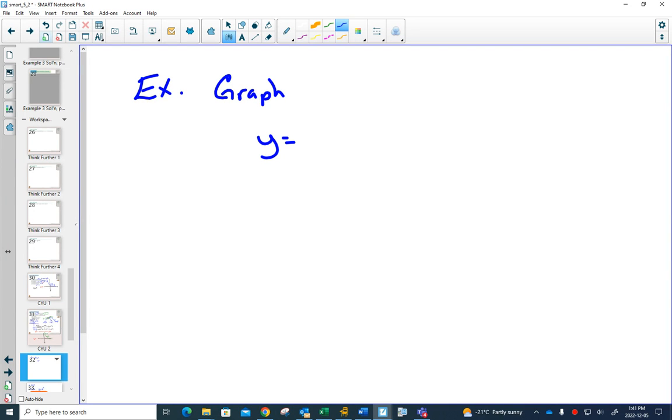We're going to graph y equals negative 5 times 3 to the... this one's already in factored form. Y equals negative 5, 3 to the 2x plus 4.